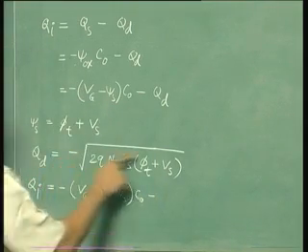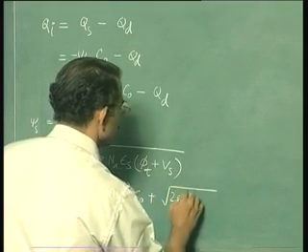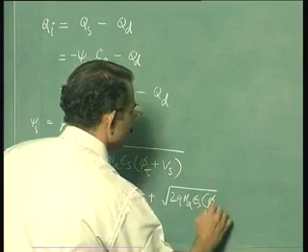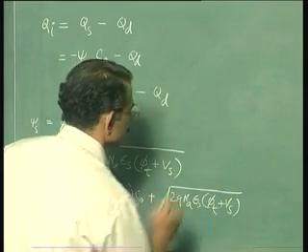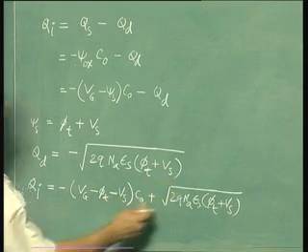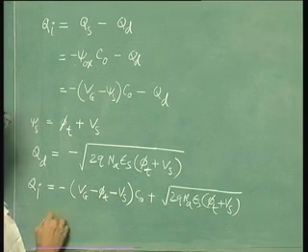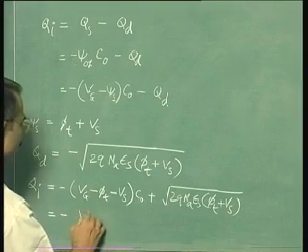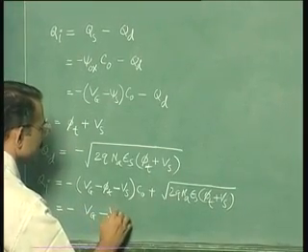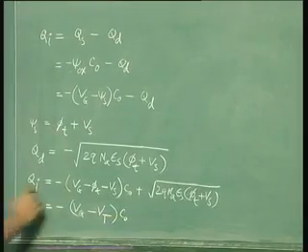Qd is minus of this quantity, so therefore you get plus square root of 2q Na epsilon s into phi t plus Vs. Now clearly from here you can reorganize the terms, and you can write this as minus of Vg minus Vt into C naught.